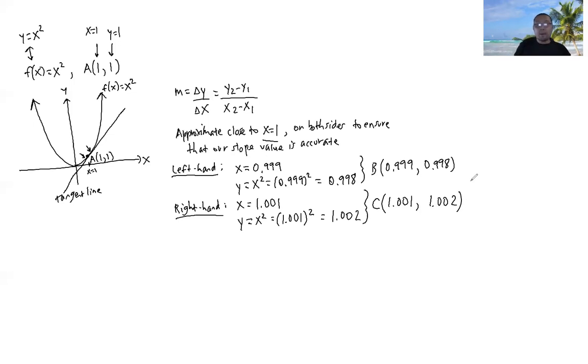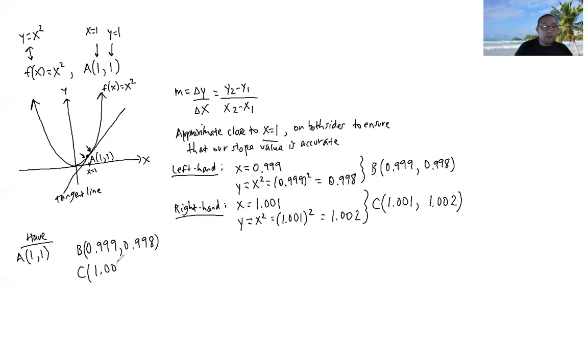So now notice that we have 3 coordinates. We have A, our original, which is our first point. As our second point, we have B from our left hand approximation, and then we have C from our right hand approximation.